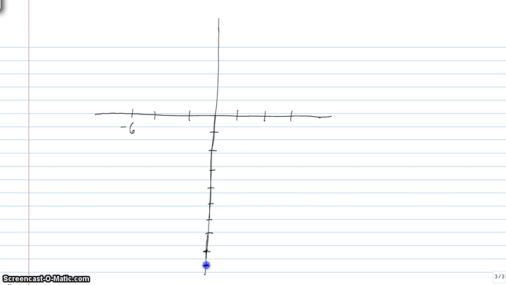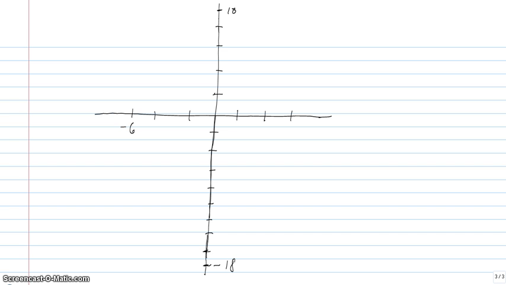See if I can fit this on. Did I get it right? 6, 8, 10, 12, 14. So here's -18. I kind of had to squeeze that in. I didn't space my graph out very well. So that would be 10.